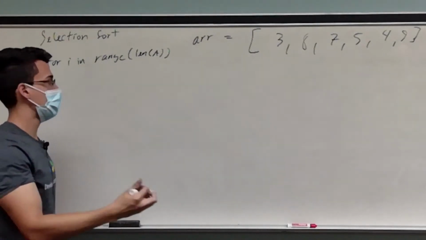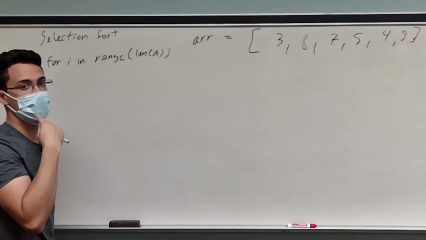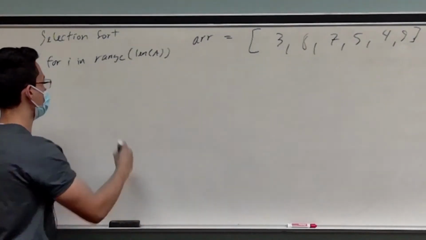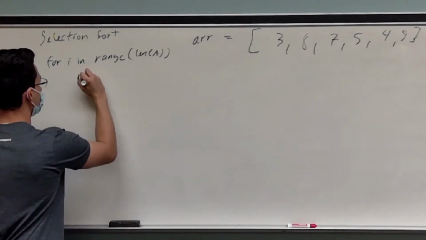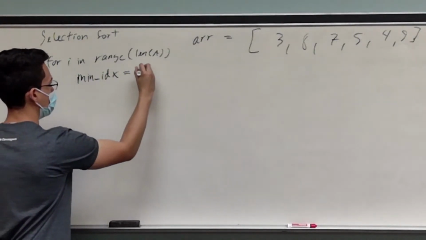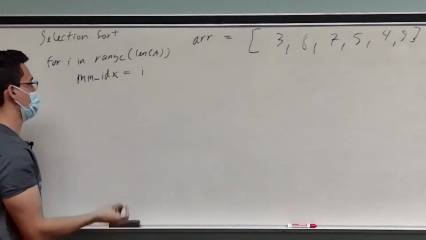So what he says, find the minimum. How can we tabulate that? How can we store that? Well, since we're going through indices, we save the min index and we say it is i. We're starting with i.